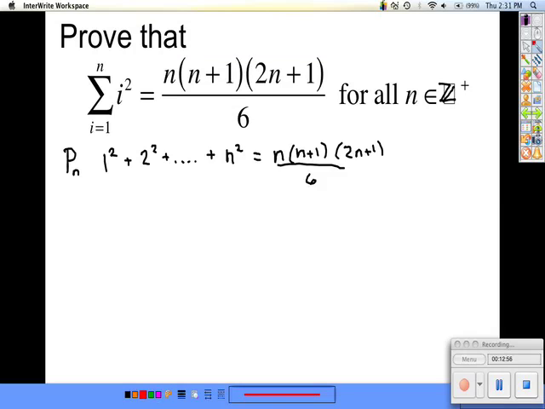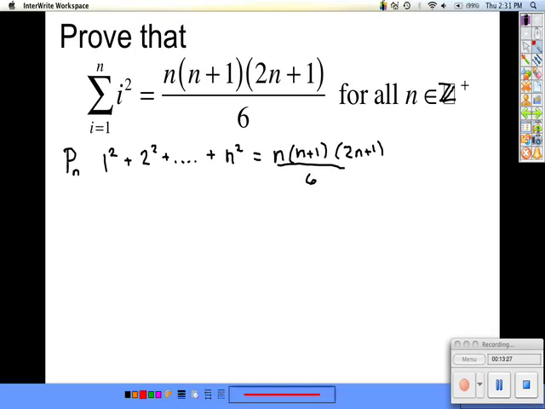And the first step for math induction is to show p sub 1 is true. So 1 equals 1. Therefore, p sub 1 is true.